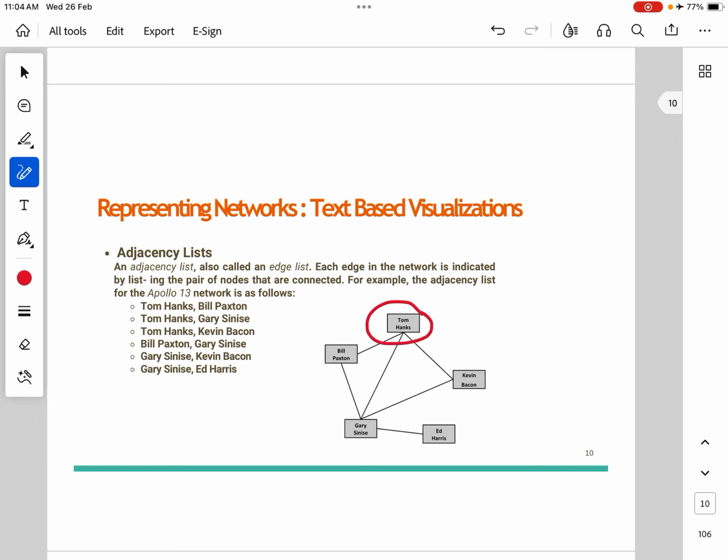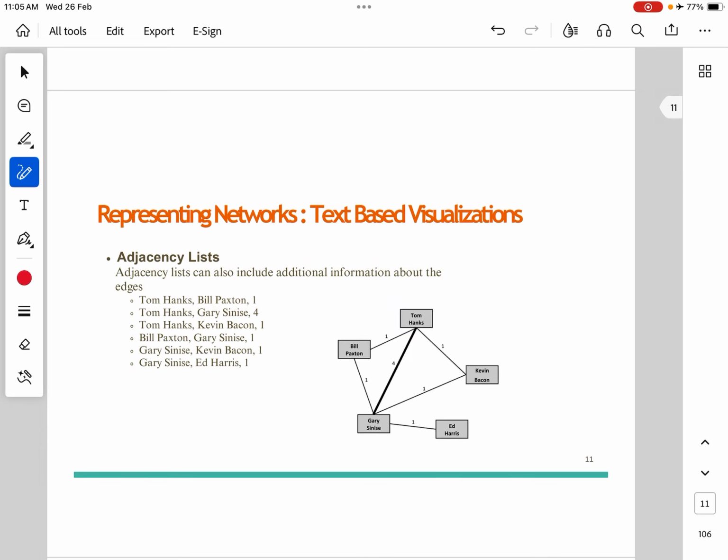Tom Hanks, comma, Bill. Then Tom Hanks, comma, Kevin. Tom Hanks, comma, Gary. Then Bill, comma, Gary. Then Gary, comma, Kevin. Gary, comma, Ed. This is an adjacency list.